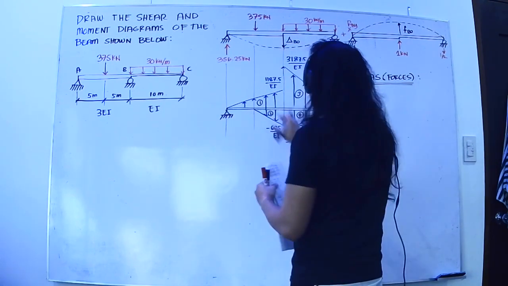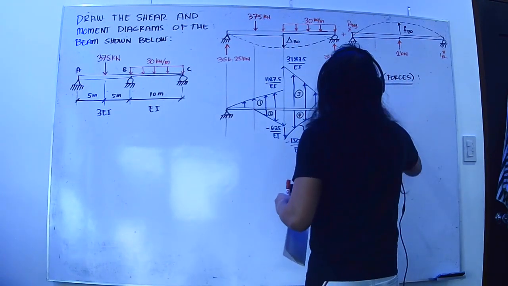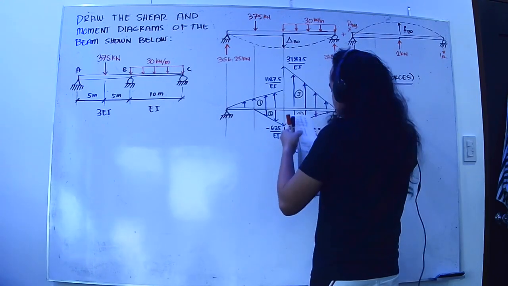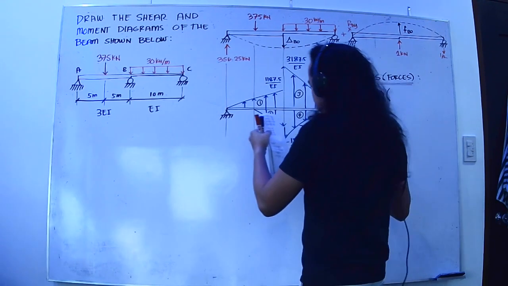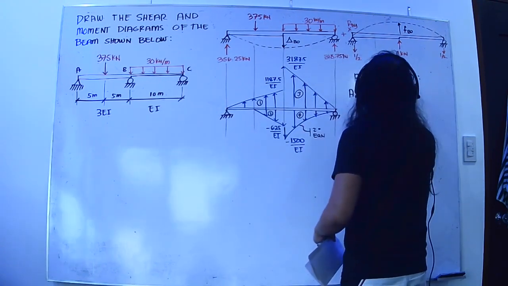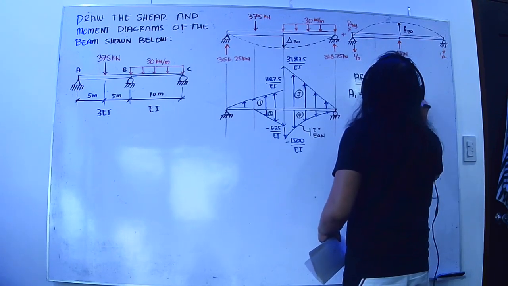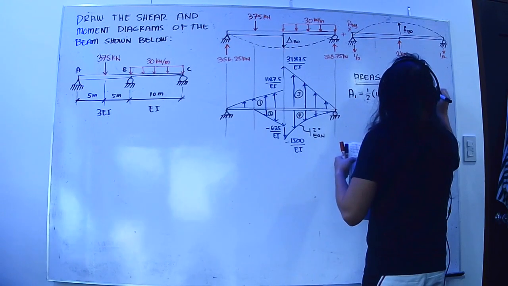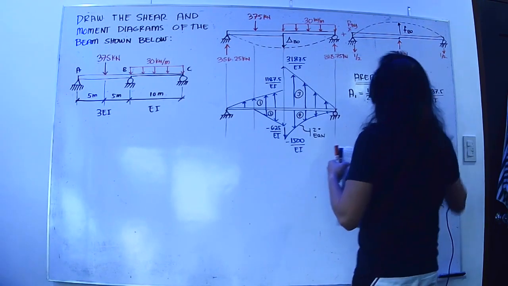One half, base is 10, height is equal to 1187.5 over EI. That will result to 5937.5 over EI.